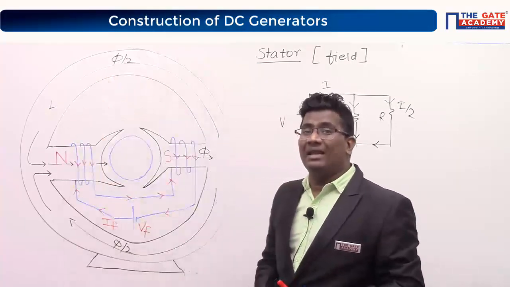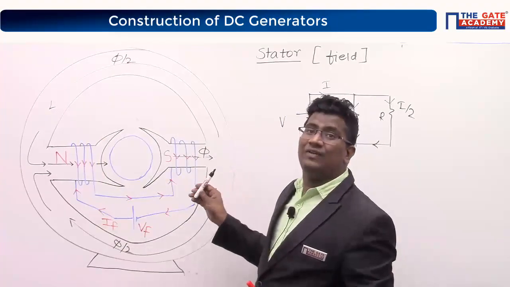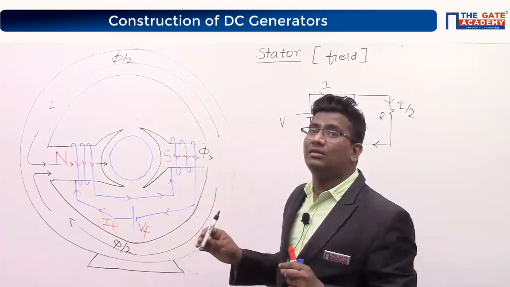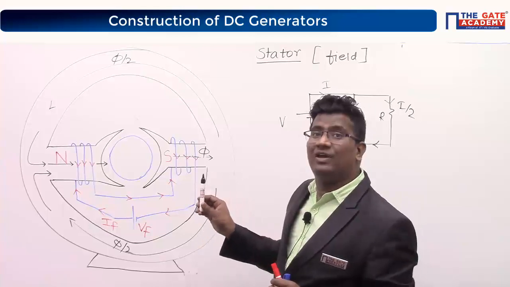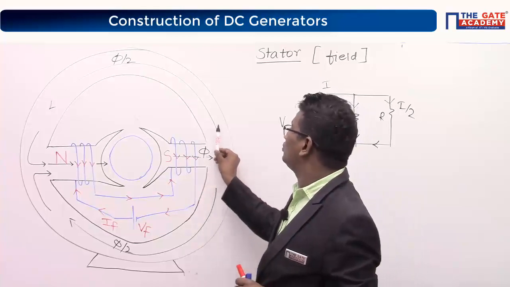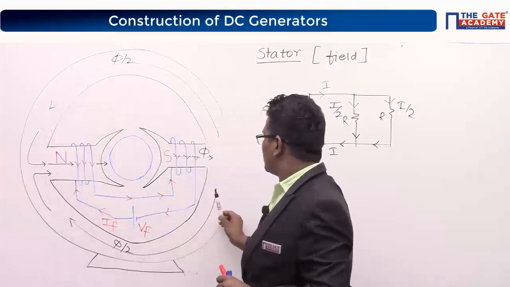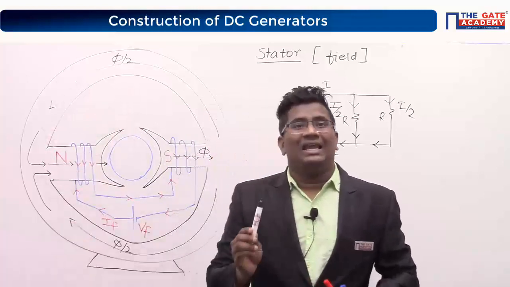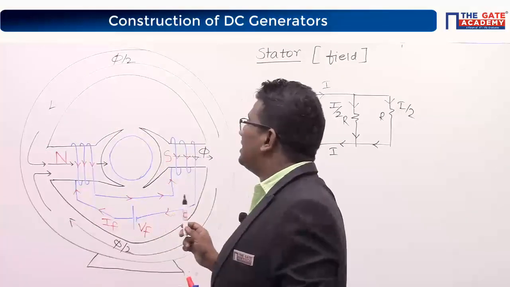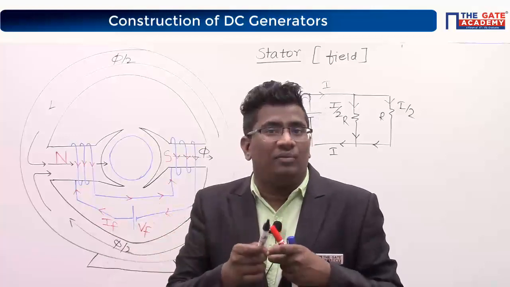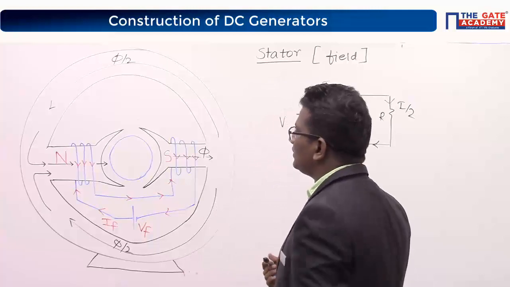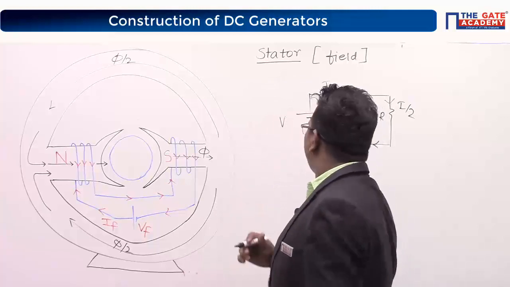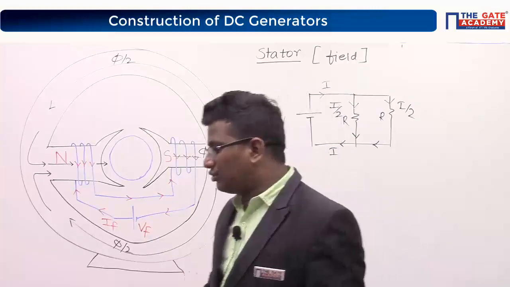Outside, the flux is coming from where to where? Look here: south to north. It means your flux successfully forms a loop, such that you are getting full flux.